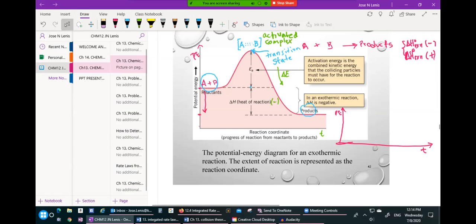That's the reaction coordinate. For an exothermic reaction, always reactants with higher potential energy and products with lower potential energy. So those are reactants. And the products will be here at this potential energy level right here.